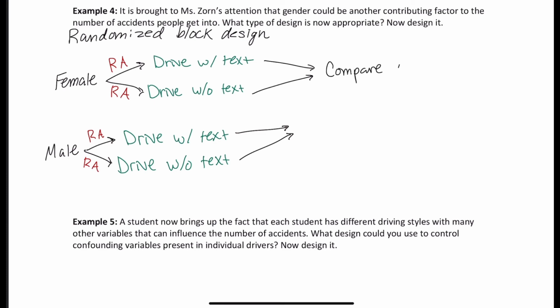We're going to compare that average number of accidents. And we're just going to put little quotes there. And we could write it out in words like we did for example 3. It's not really necessary. Doing this sort of tells me and the graders exactly what you're trying to do.